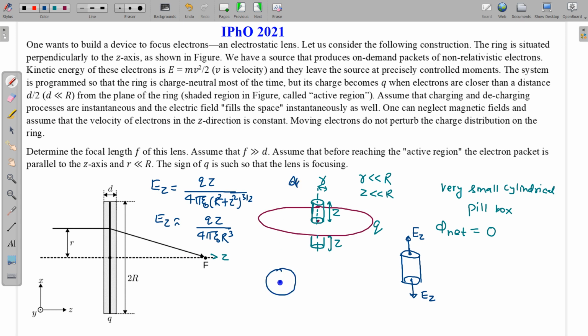This electric field is valid at this point only, but because the cross section is very small, this small r is much less than capital R, I can assume whatever electric field is on the axis at this point is also at these points across the cross section.